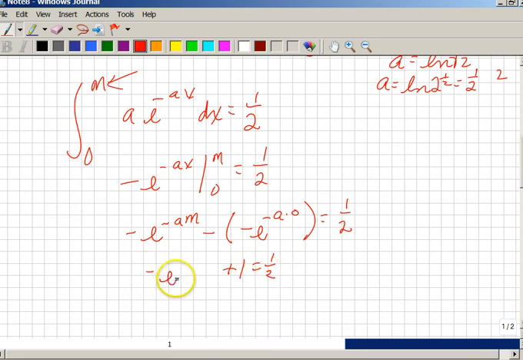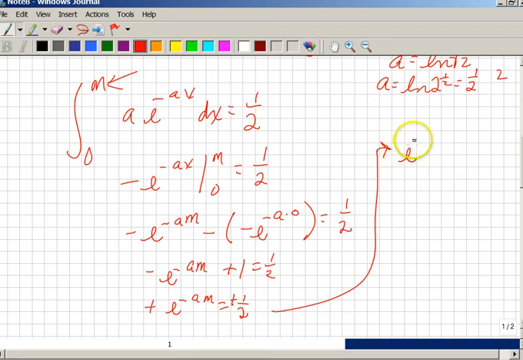So we have negative e to the negative am. Let me subtract that 1 over to the other side, so it's negative e to the negative am equals negative 1/2. And cancel the negatives on both sides, and I'm going to come up here. So what do we have at this point? We've got e to the negative a times m equals a positive 1/2.